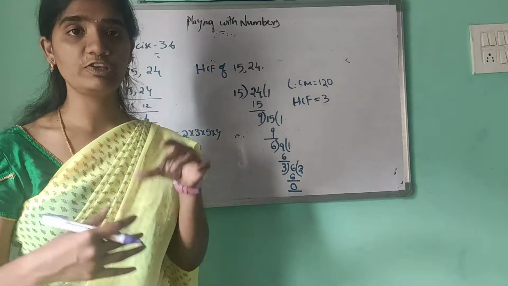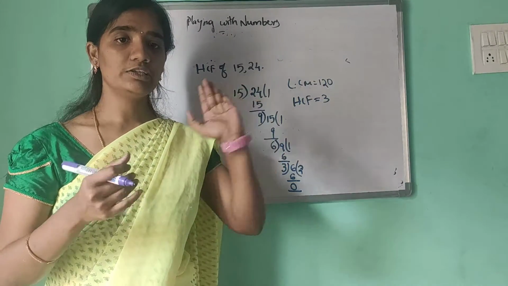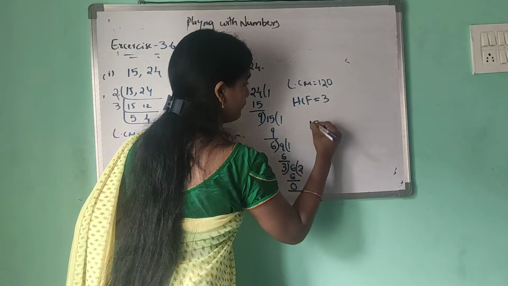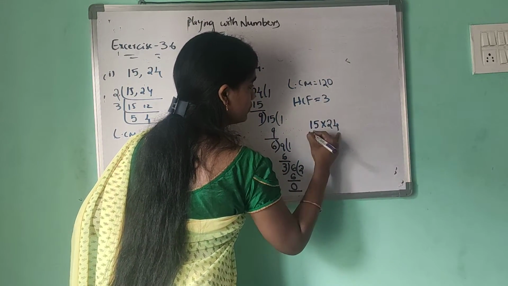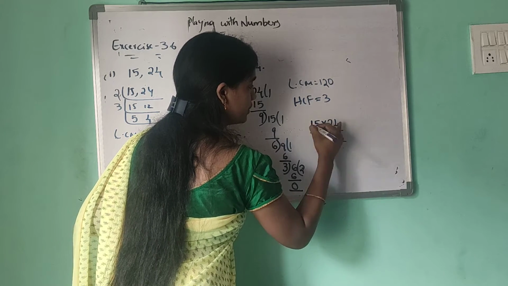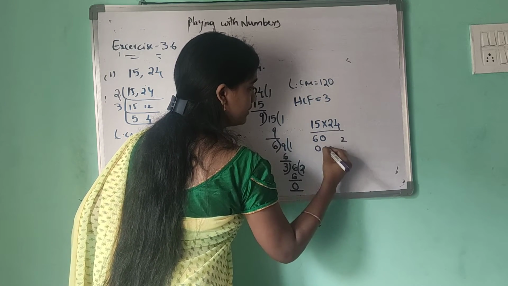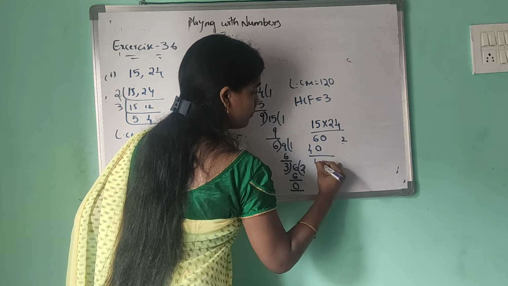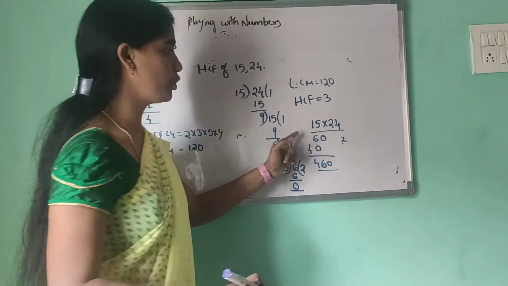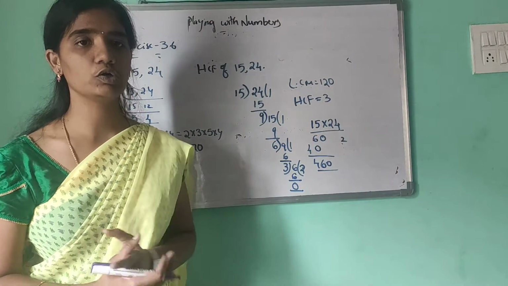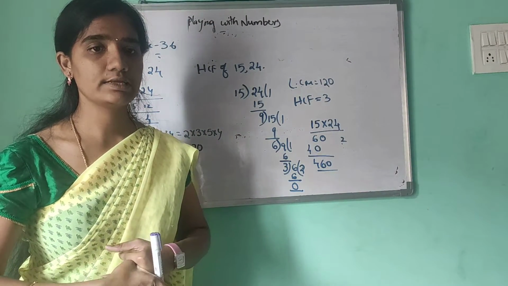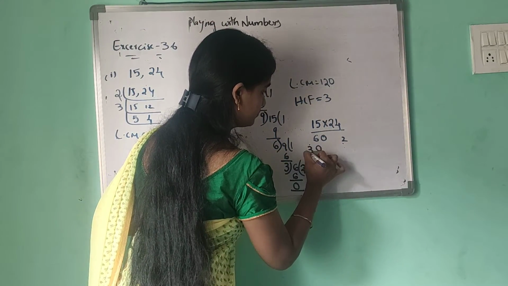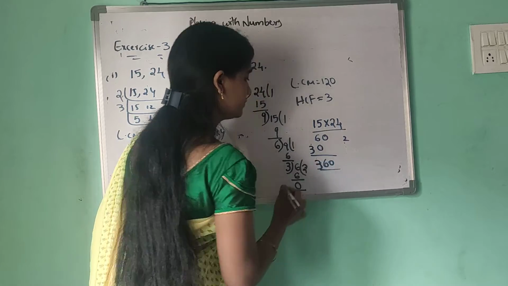So next, how to check the relation? Find the product of 15 into 24. 4 5s are 20, 2, 4, 6, 10, 2, 2, 4, 16. Sorry. The product of 15 into 24 is equal to 360.